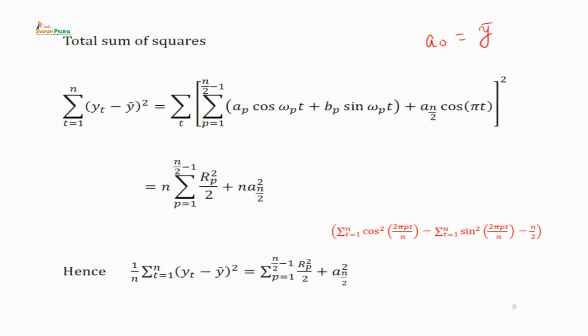So, finally, you obtain n by 2 times summation p equal to 1 to n by 2 minus 1 of R_p square, because A_p square plus B_p square is equal to R_p square. Then at the last you have the square of the term cos pi t, which is equal to minus 1 to the power t, but if you take a square then you get 1, you get n times A_(n/2) square.